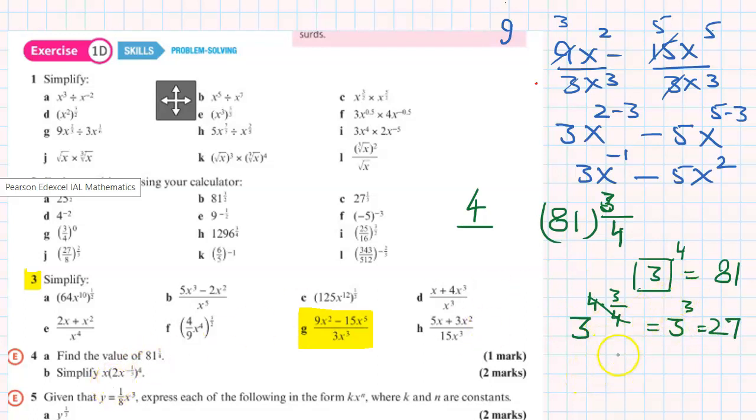And the second part it is saying is x, then 2 x to the power minus 1 over 3, power 4.